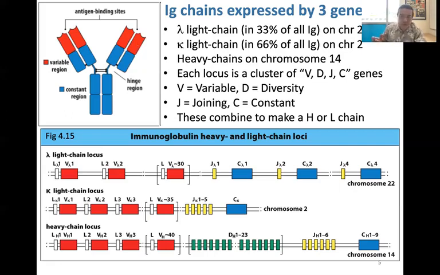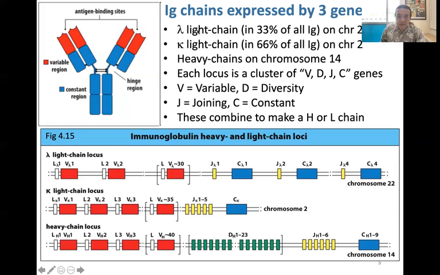We have one gene or one group of genes in one location on chromosome 14 that makes our Ig heavy chain. The light chains, we actually have 2 different genes. We have a lambda light chain on chromosome 22 and a kappa light chain on chromosome 2.